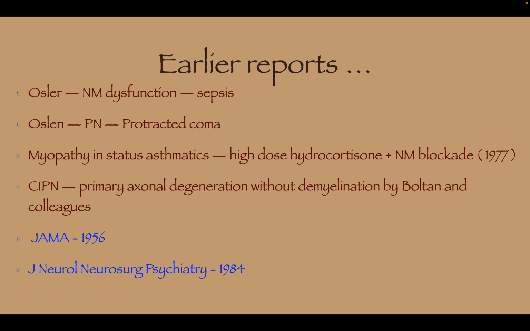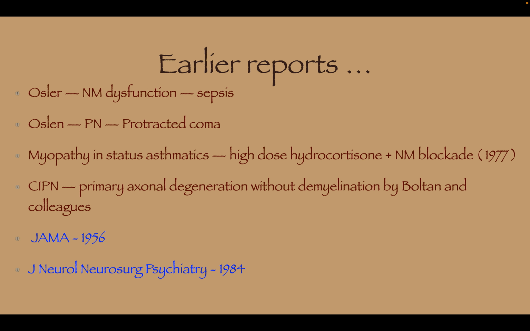Earlier reports, when Osler put forward this theory of neuromuscular dysfunction, especially in sepsis, and later on he postulated that the peripheral nerves could have problems because of protracted coma.